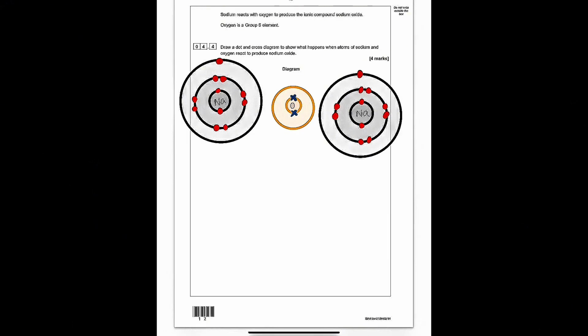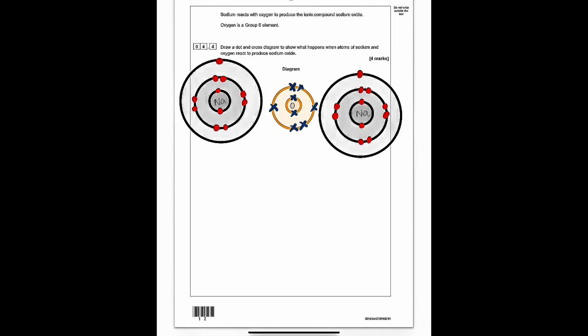So let's draw 6 in the second shell, because that will total to 8 electrons. Top, bottom, right, left, top, bottom. I've stopped now because oxygen has a total of 8 electrons. Please make sure that you use your periodic table. You will be given a data sheet.